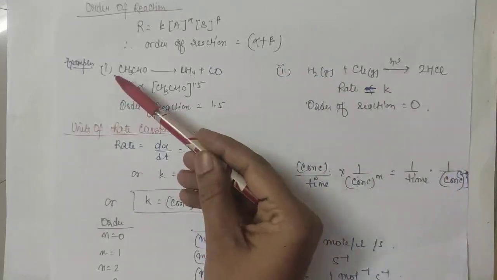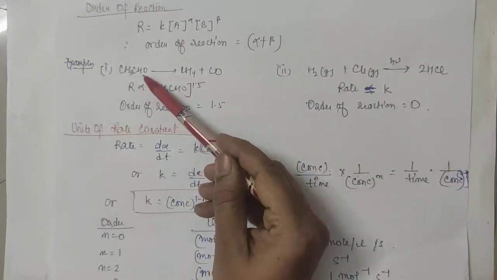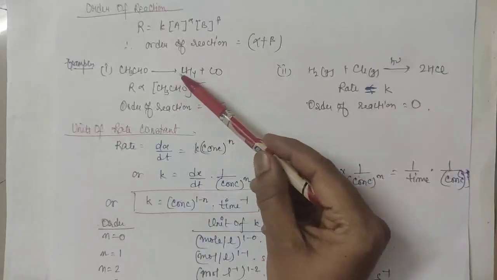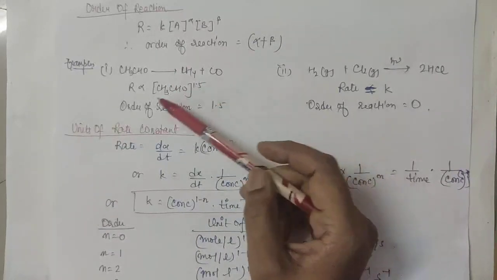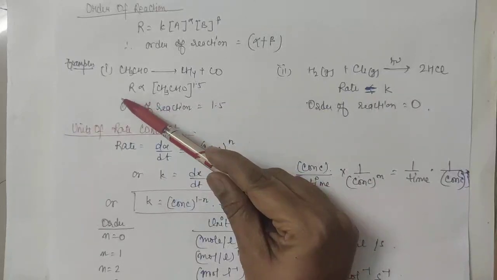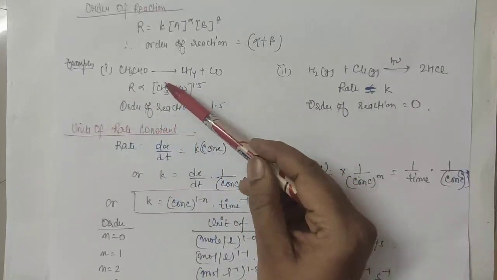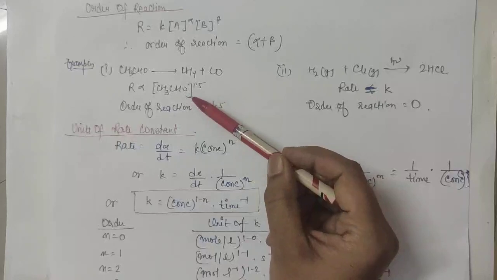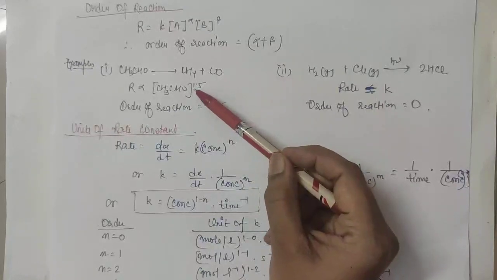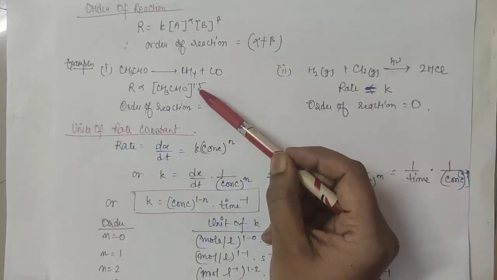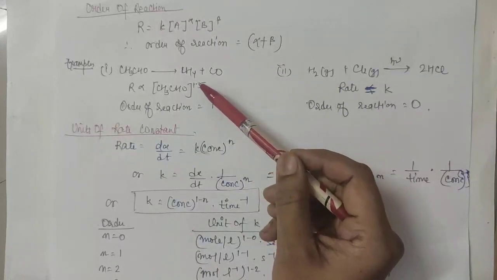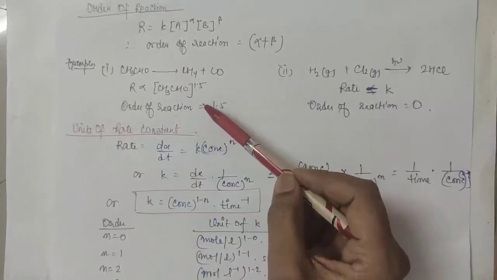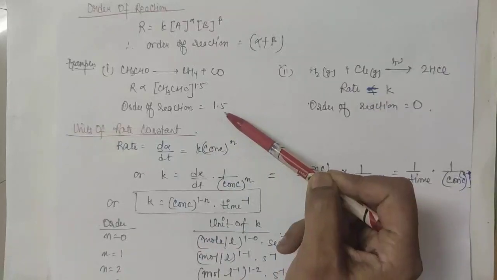For example, take acetic acid getting converted to CH4 and CO. Experimentally, it is found that rate is directly proportional to the molar concentration of acetic acid raised to the power 1.5. So the order of the reaction will be 1.5.